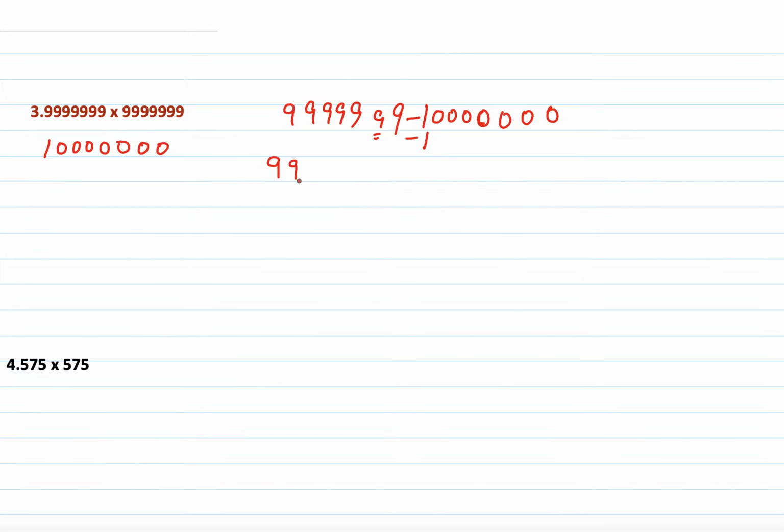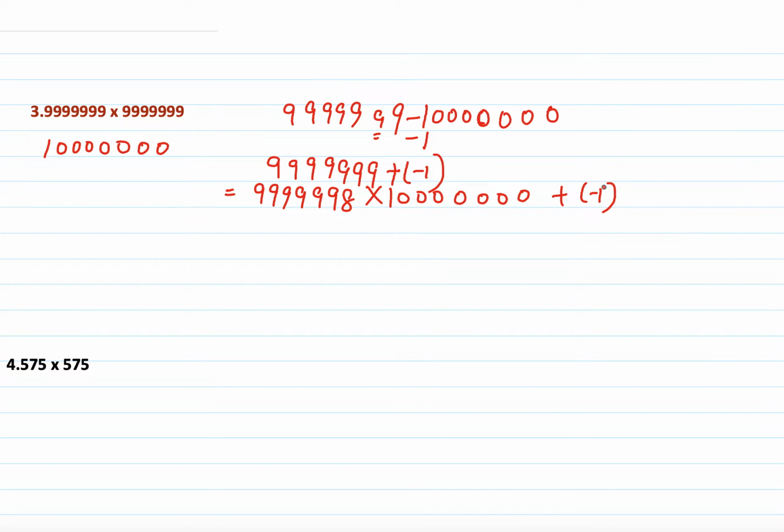So what you have to do in this, you will add the difference and you will get the result, right. Now multiply this by the base and add the square of the difference.